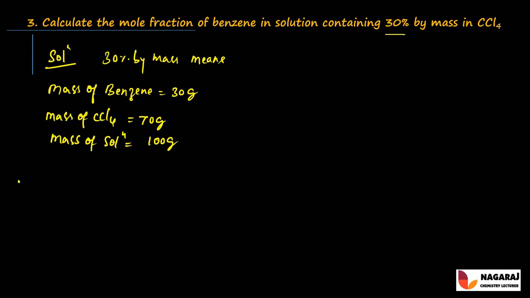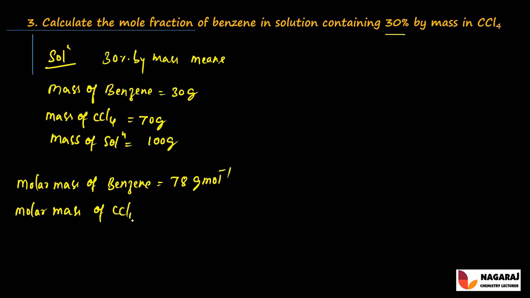So let us calculate the molar mass of benzene. The molar mass of benzene is 78 grams per mole, and the molar mass of CCl4, carbon tetrachloride, is 154 grams per mole. Now calculate the number of moles of benzene.